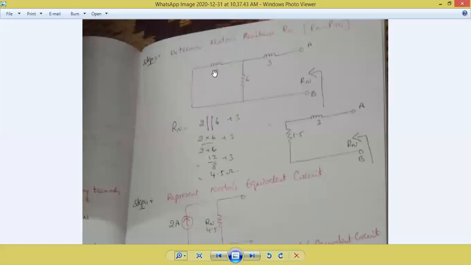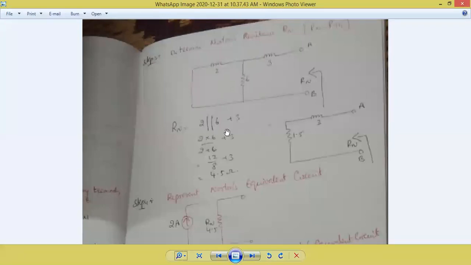At the opposite end, which resistor is visible first? 2. And what is the next resistor? 6. So first you solve only 2 resistors at a time. We cannot solve 3 to 4 resistors at a time. We have to take only 2 resistors at a time and check whether they are in parallel or series. 2 and 6 are in parallel. I'm not explaining by connection. We assume the current is flowing. If the current divides, those two are in parallel.